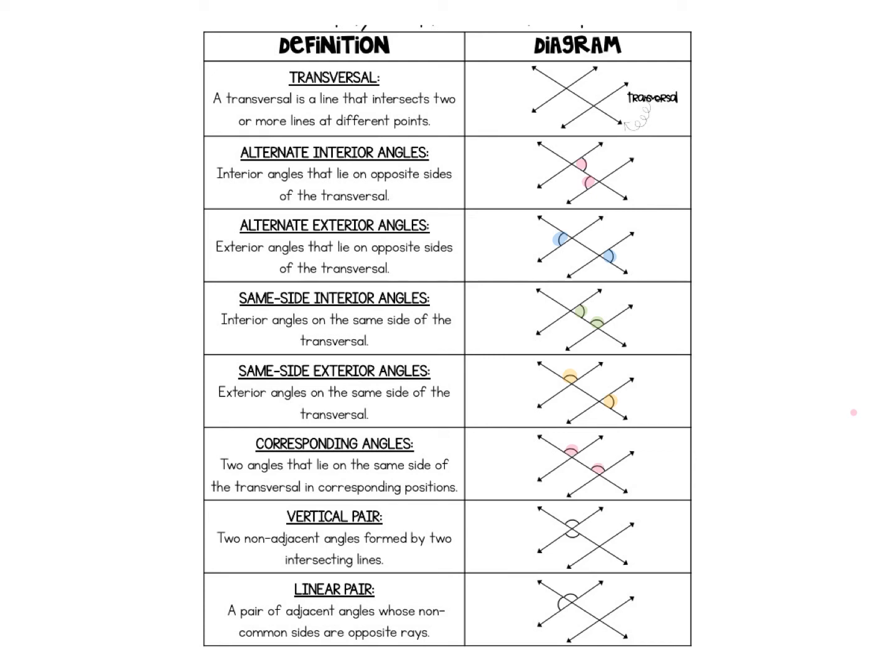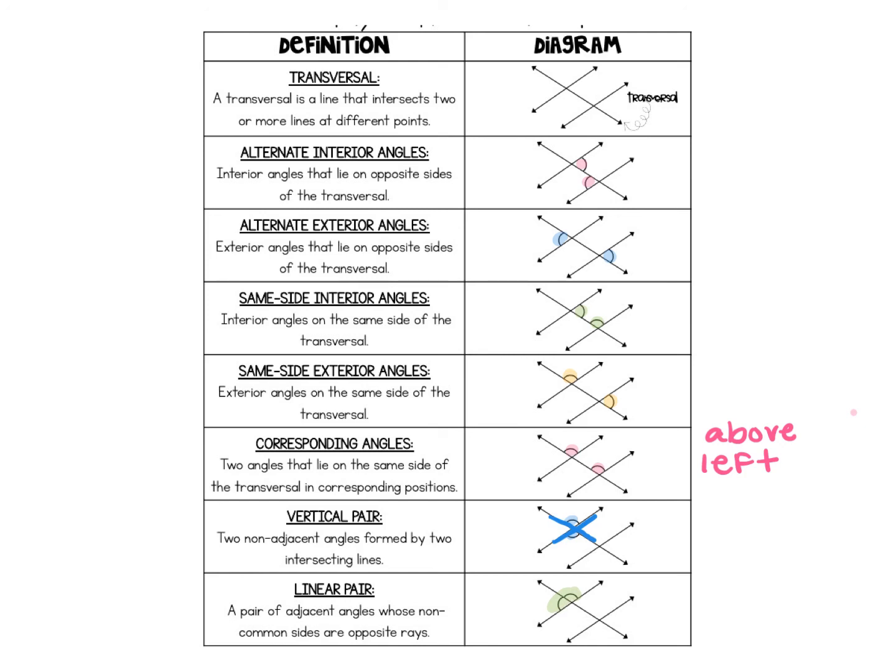So here, I would describe this as above the transversal to the left of the parallel line. Vertical pair or vertical angles are directly across from each other, and their lines make that X shape. Linear pairs come together to make a straight line.